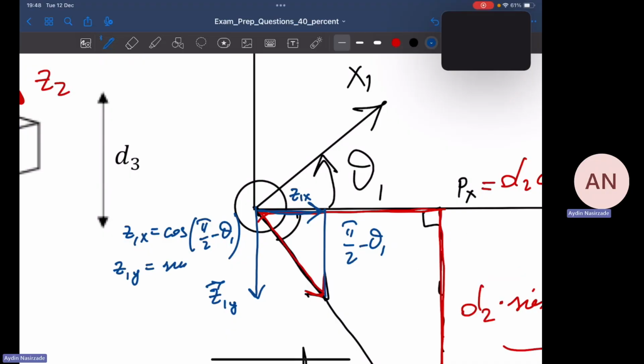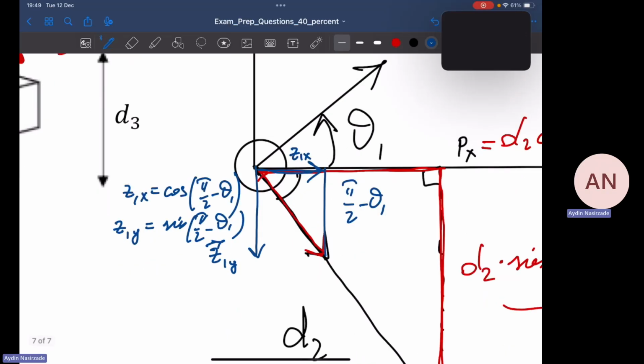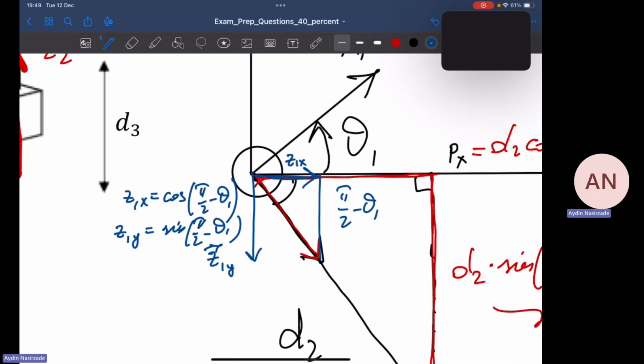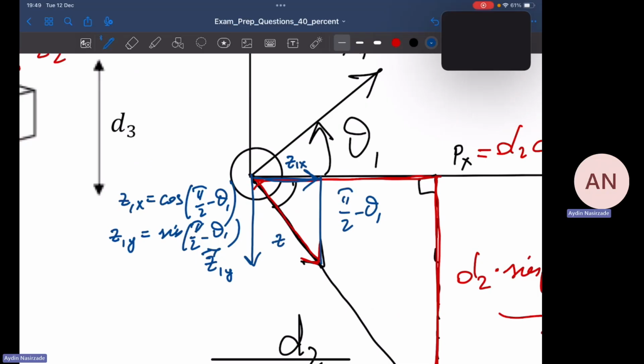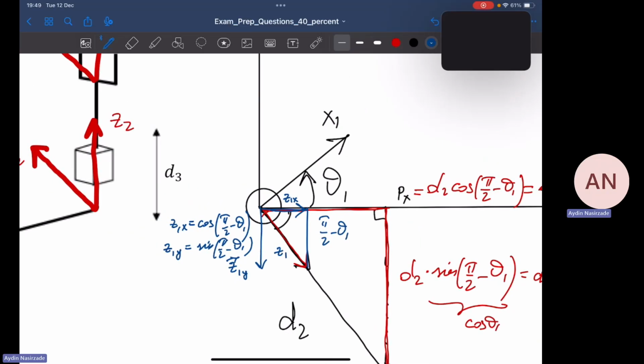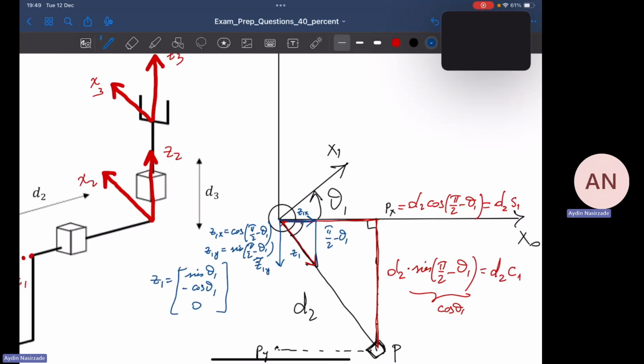Z1Y is sine of pi by 2 minus theta 1. So this gives me what? And of course, the projection of Z1 on the Z0 axis is 0. So the final answer is going to be sine of theta 1, minus cosine of theta 1, and 0. Yes, that's it.